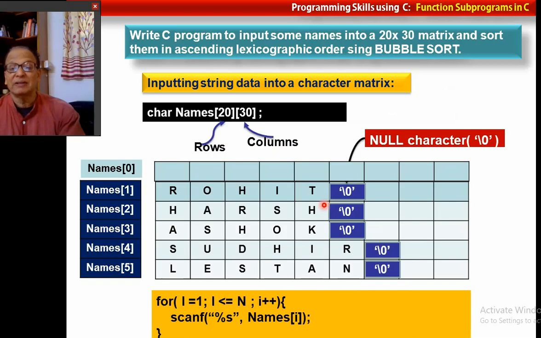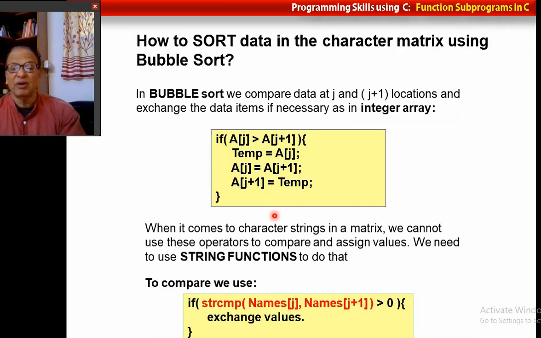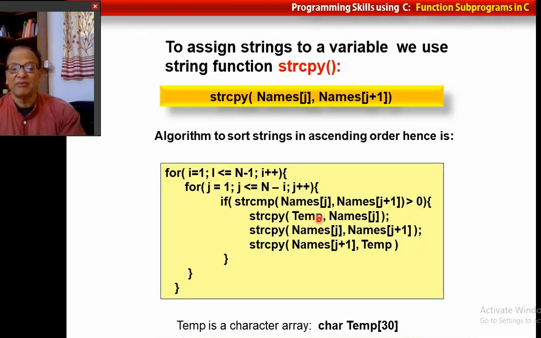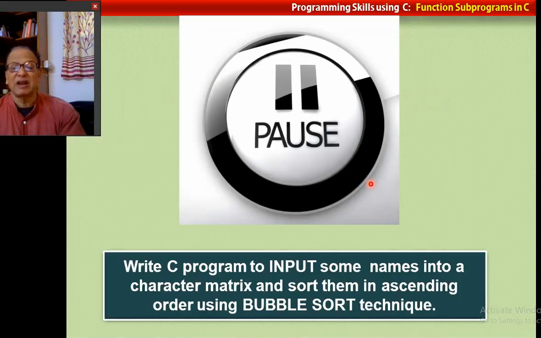For example, when I compare, naturally Rohit comes after Harsh, therefore the result is positive. Then you exchange: strcpy names[j] to temp, names[j+1] to names[j], and temp to names[j+1]. This way I sort these names, and at the end the character matrix will contain all the strings in ascending order. So please note that.